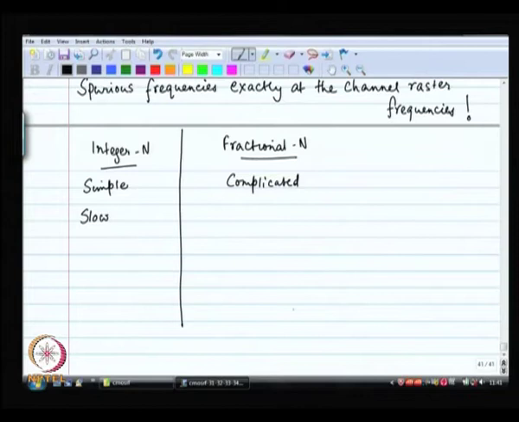Fractional n can be made fast. Slow in the sense it has very slow settling time. The settling time is really inversely proportional to the loop bandwidth. The larger the loop bandwidth, faster it is going to be, lower the settling time.